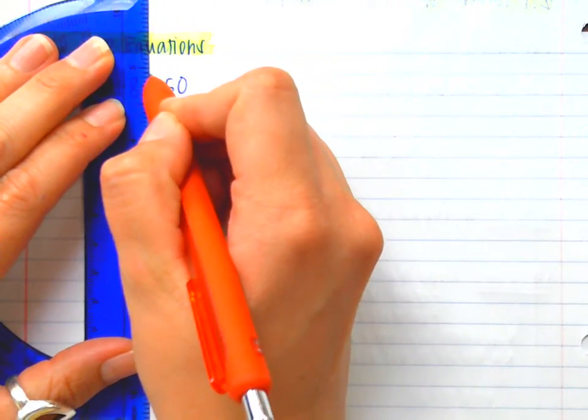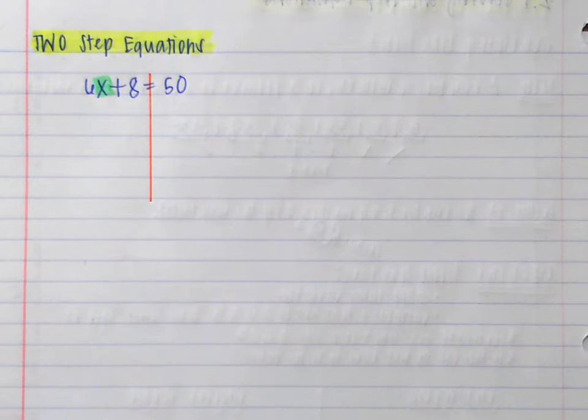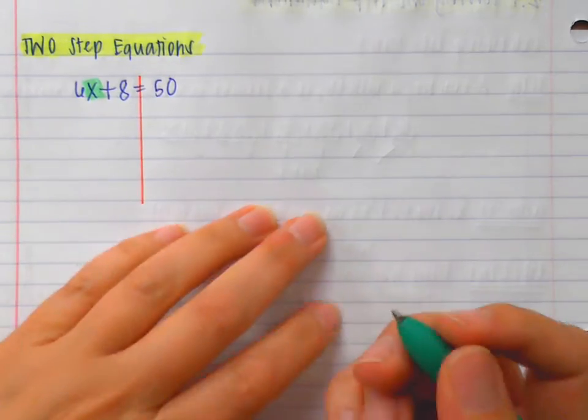So I just put a line down the equal sign. So our first mathematical step is to undo any addition or subtraction that's happening on the same side as the variable.